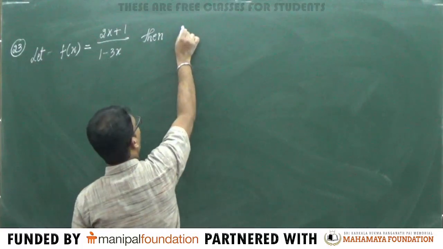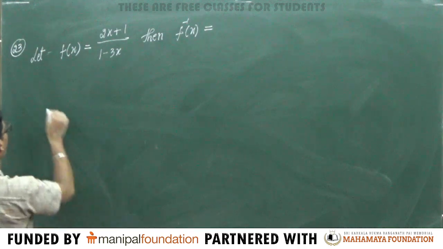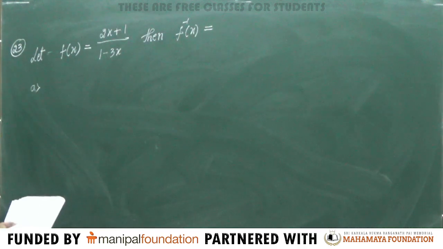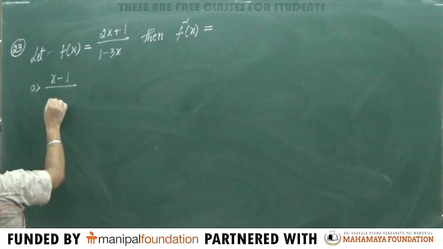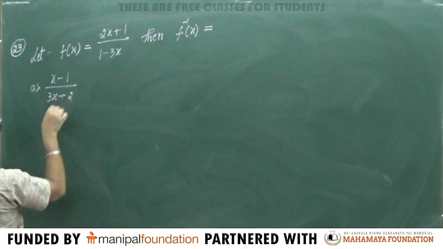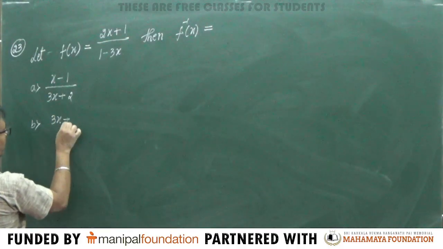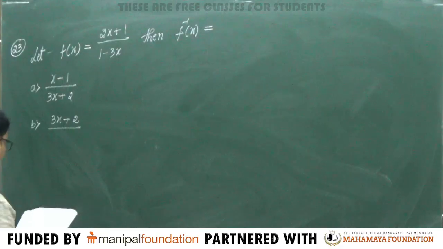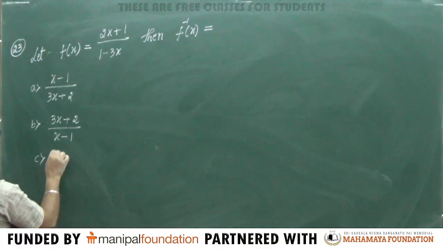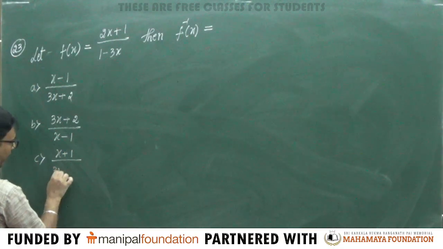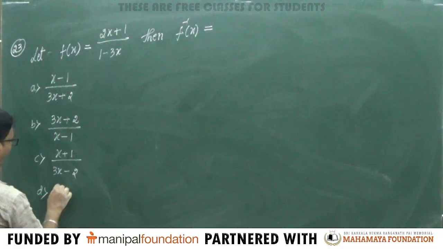Then f inverse of x is equal to option A x minus 1 upon 3x plus 2, option B 3x plus 2 upon x minus 1, option C x plus 1 upon 3x minus 2, option D 2x plus 1 upon 1 minus 3x.